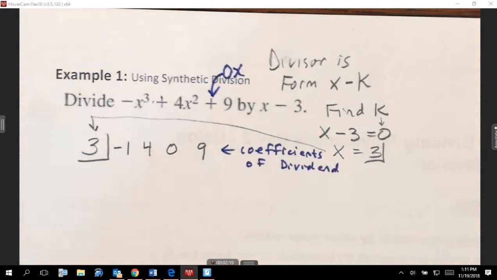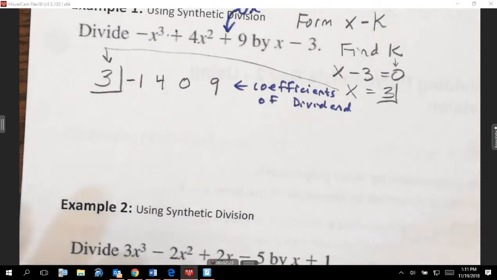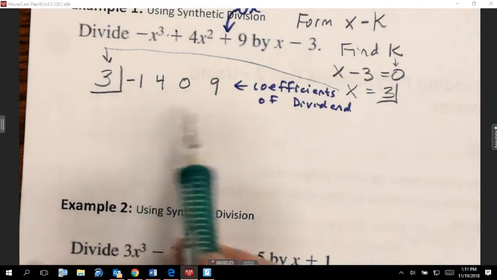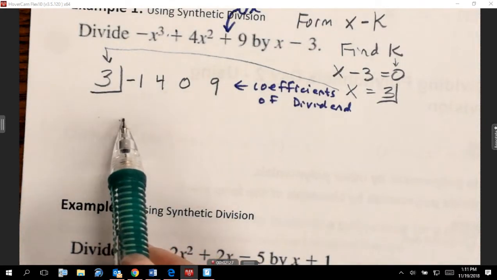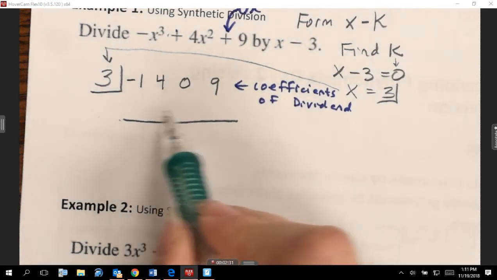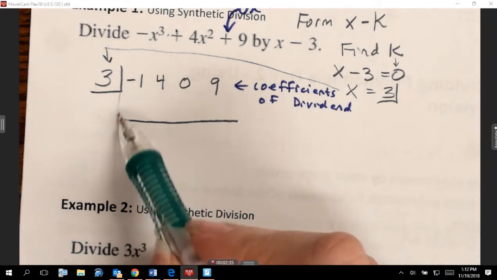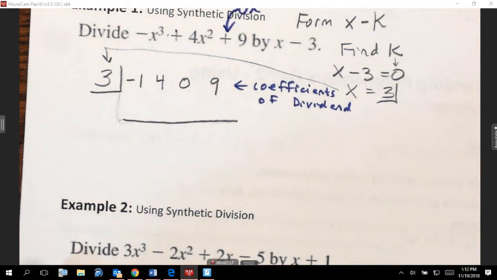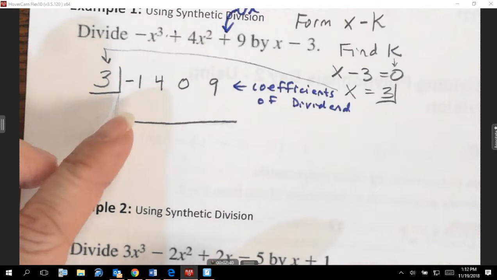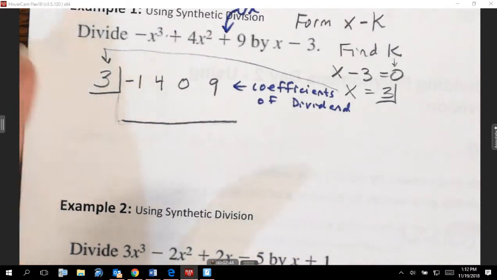Then I'm going to skip a line, and then I'm going to draw another line. I'm going to skip space because I'm going to write in there, and I'm going to draw this line. Okay? You ready to start? I haven't even started yet. All I did was set it up.